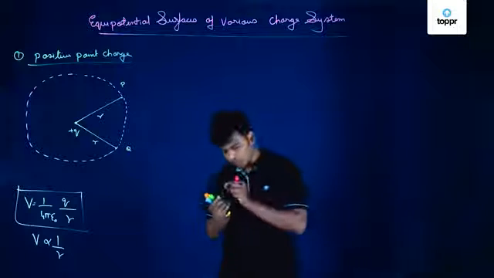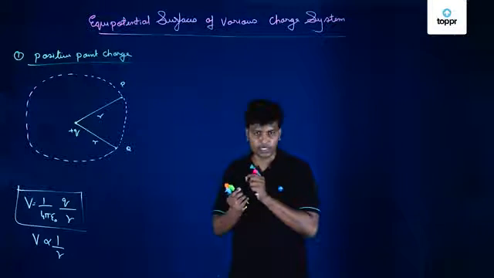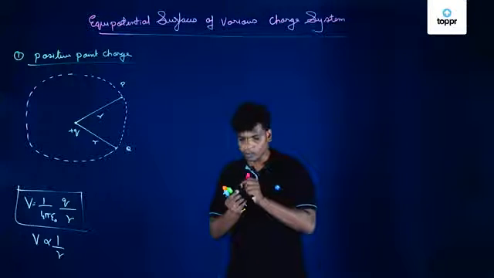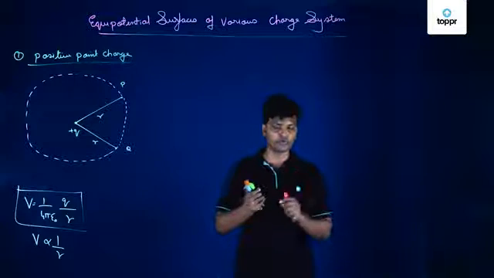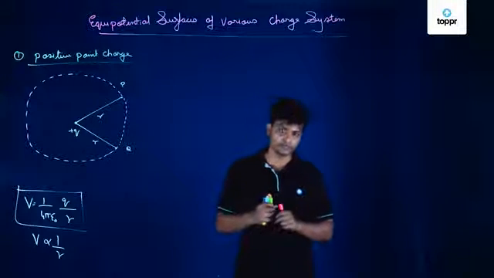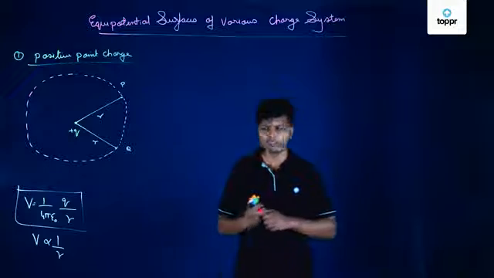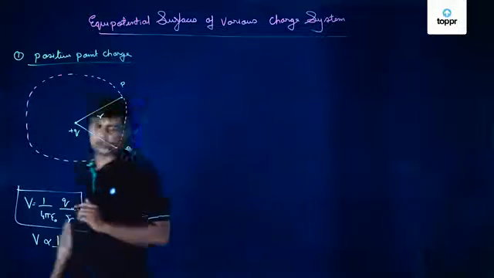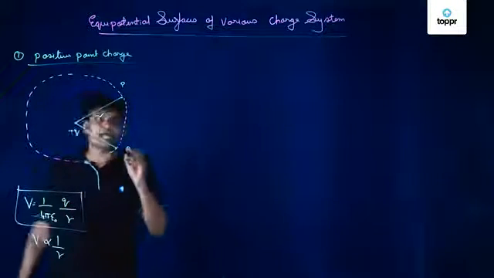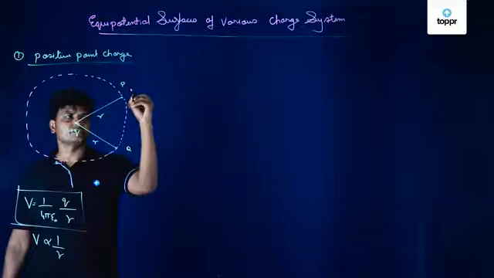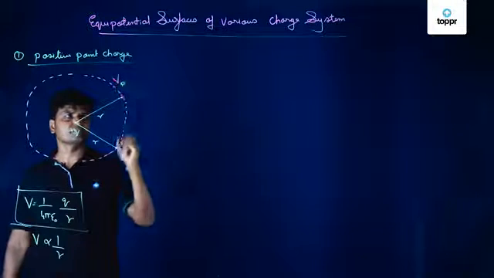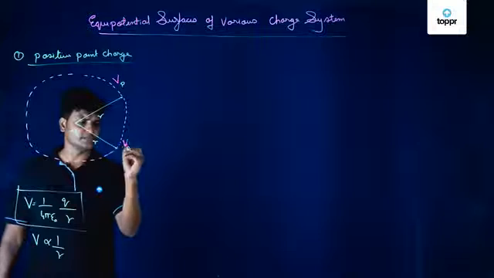So no work is done. How is it possible? Let's say potential at point P is Vp and potential at point Q is Vq.